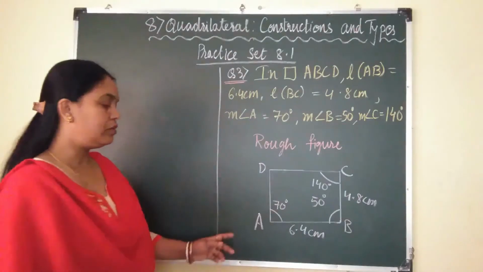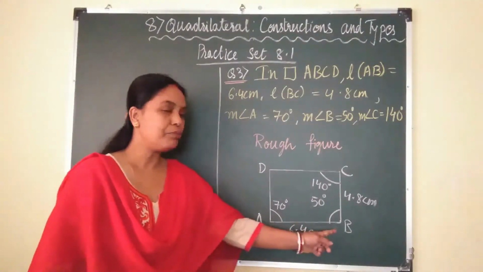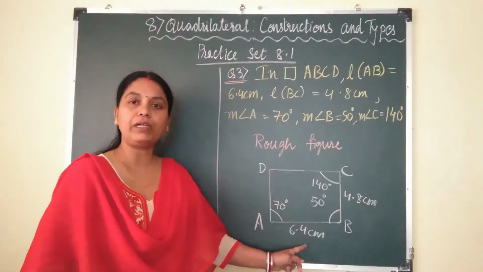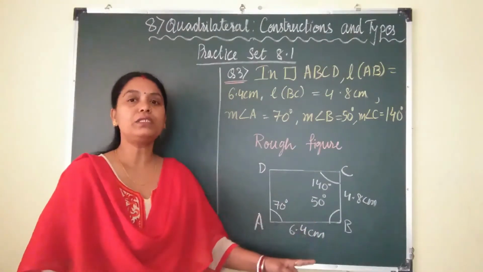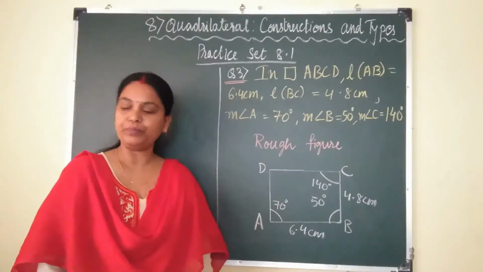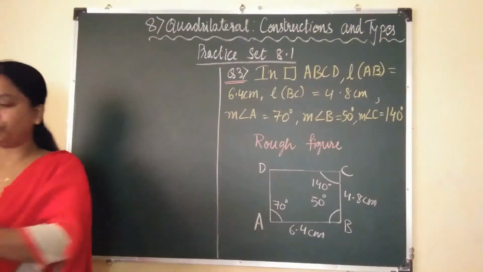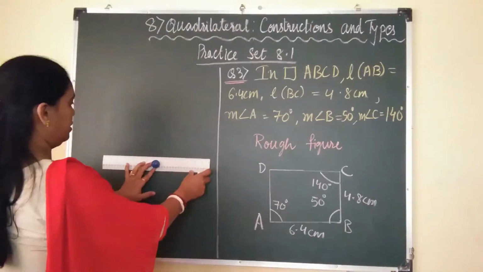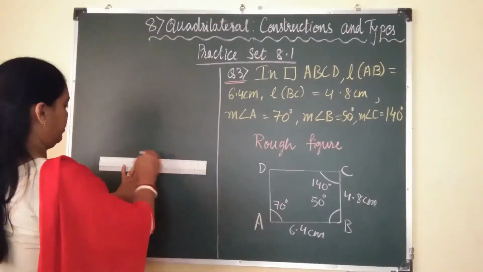Now what we have to do? First draw the base, that is segment AB 6.4 centimeters using your scale or ruler. So here segment AB, I will draw.